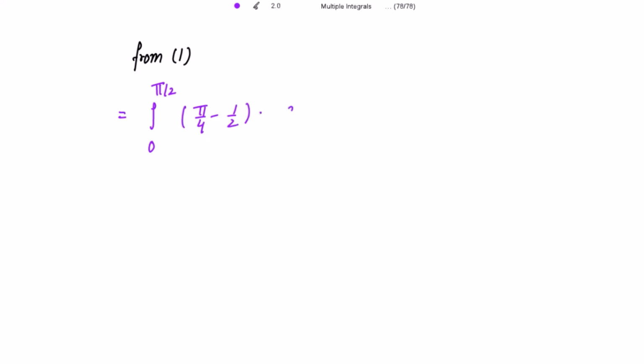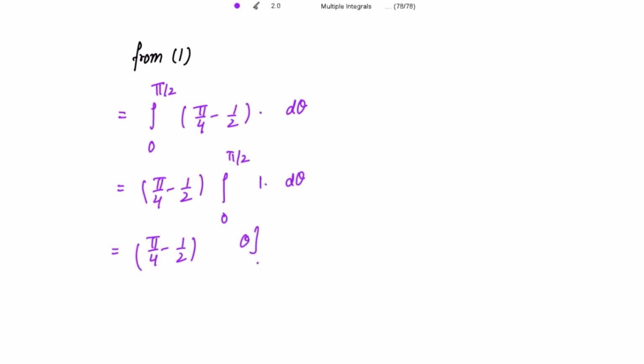So from 1 we get d theta. This is just a constant, take this outside. Integral 0 to pi by 2 of 1 into d theta, and the integration of 1 is simply theta, from 0 to pi by 2.